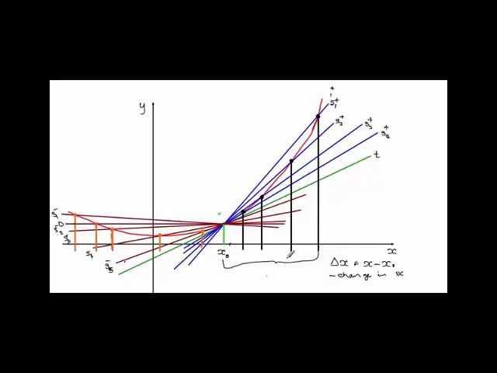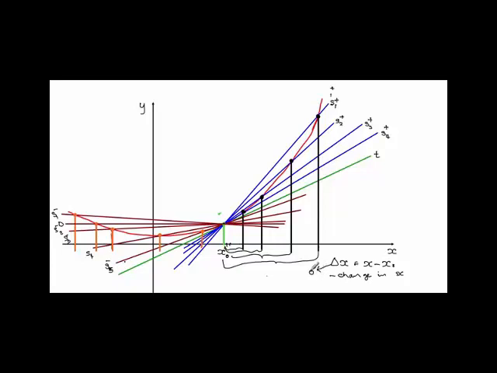As you can see now, as the change in x is being reduced by this process, it becomes less and less. As we're coming close to this point x, we notice that this change in x approaches 0.